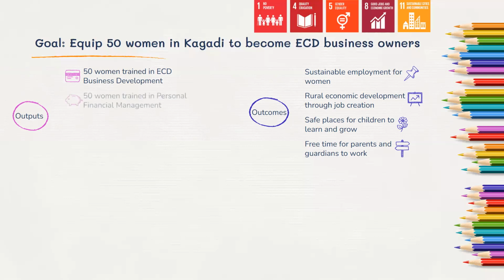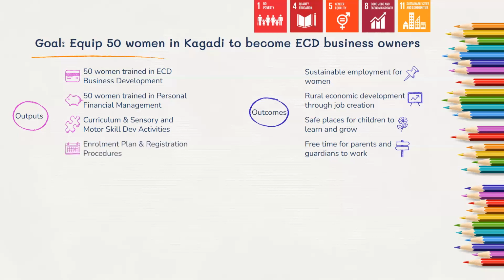Another output, if I ensure that they're trained in personal financial management, if I ensure that they have learned how to do curriculum design and sensory and motor skill development activities, and if I ensure they have an enrollment plan for their business and registration procedures, then I'll be able to achieve the outcomes that I've set out to achieve.